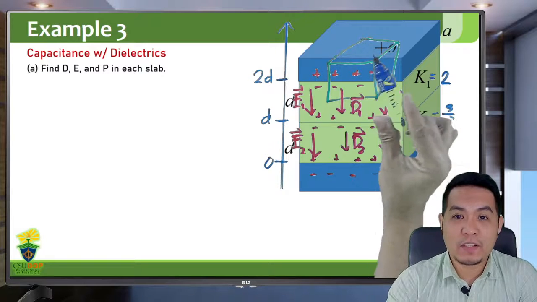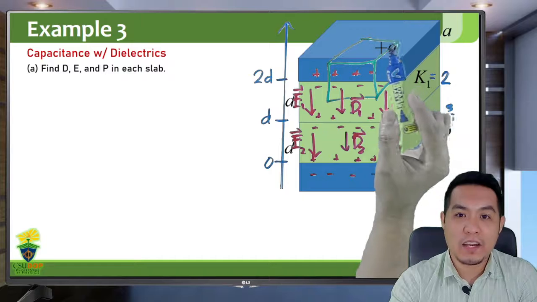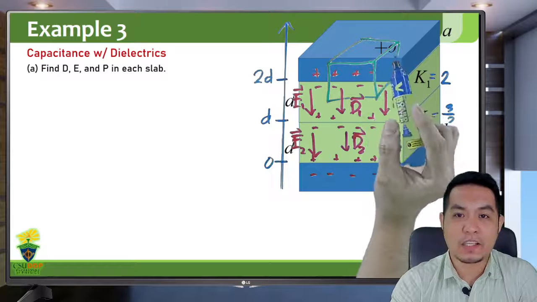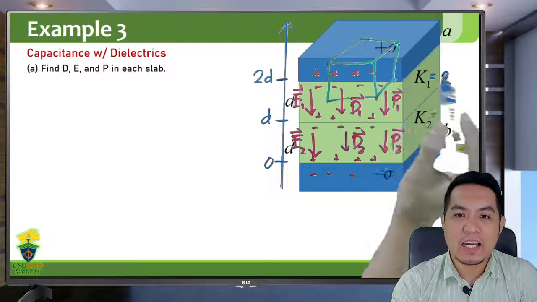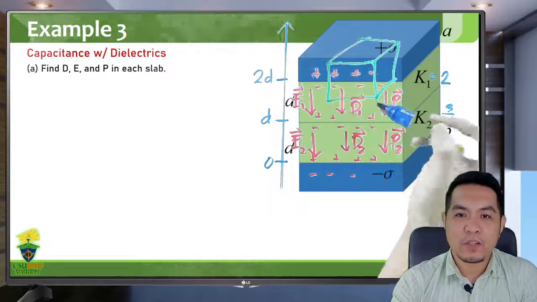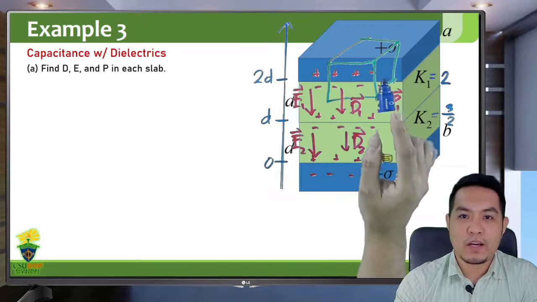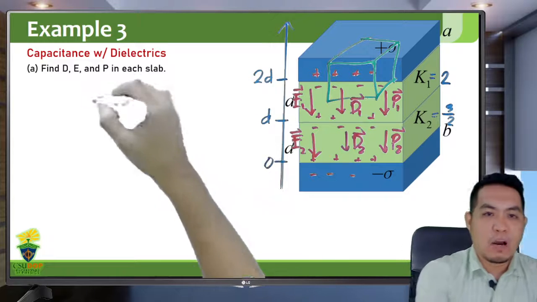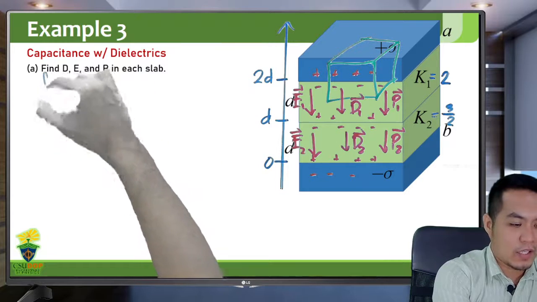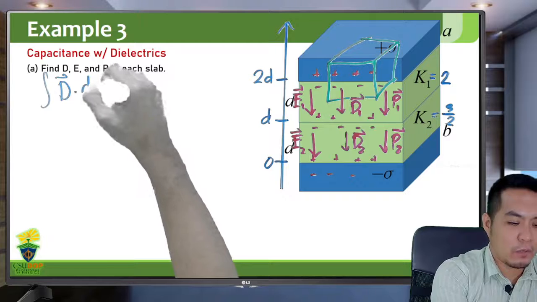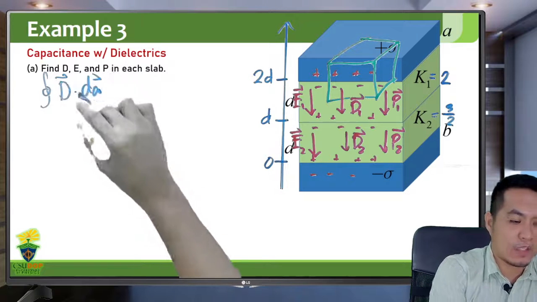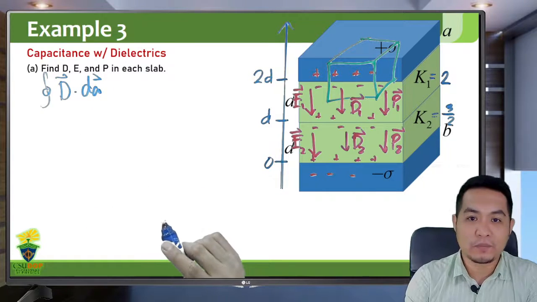In the upper surface of the cube, there's no dielectric there, it's a conductor, so there's no electric displacement. And at the sides of the cube, there will also be no contribution, because our Gauss law for dielectrics states that the dot product between the electric displacement and the area.